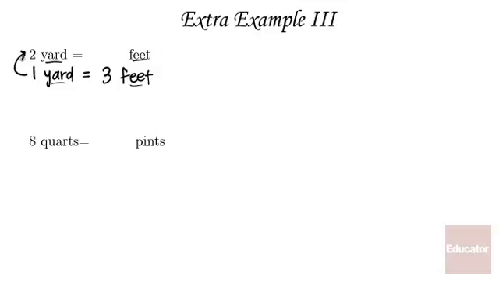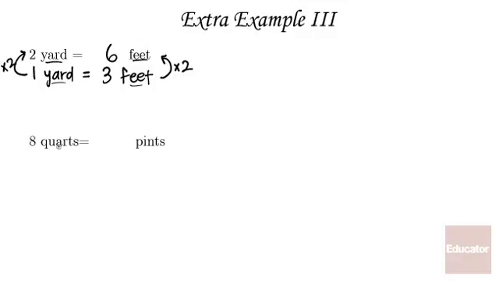To go from 1 to 2, I multiply by 2. So then I have to do the same thing on this side. Multiply by 2, so this number times 2 is 6. So 2 yards is the same as 6 feet. Okay.